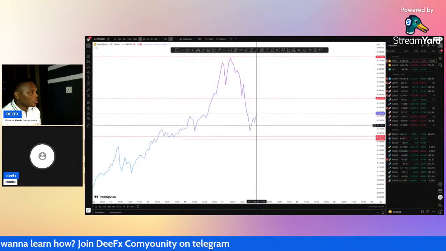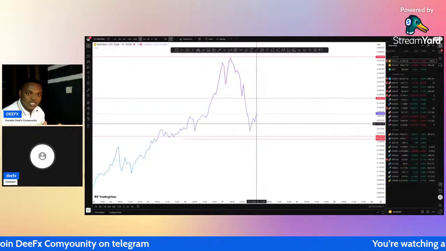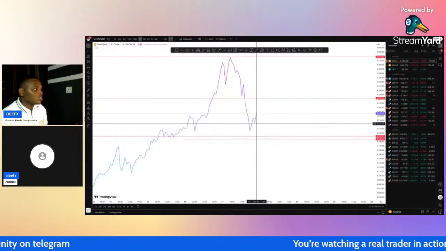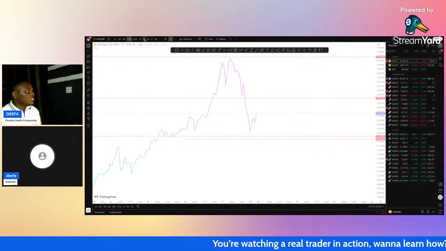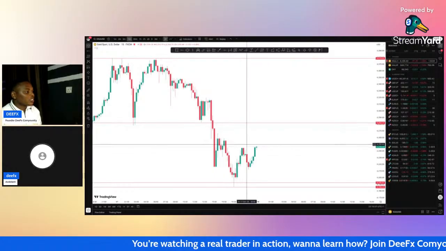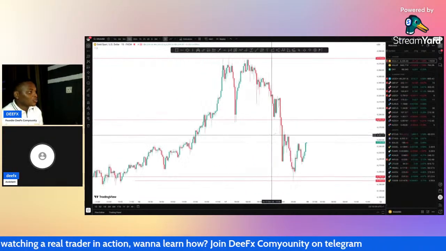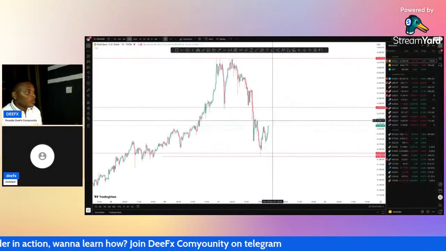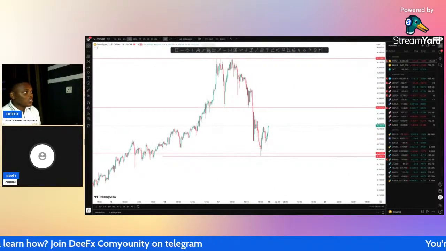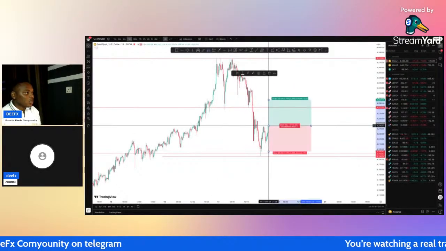Okay, so we have a Quasimodo pattern which shows a potential reversal and the momentum that is coming. So potentially there is a lot of reasons why we can see more buys around this region. And then for that buys to be solid, and if one is to consider the trade, you could go long from this particular point here.